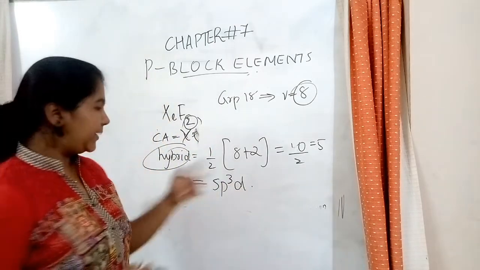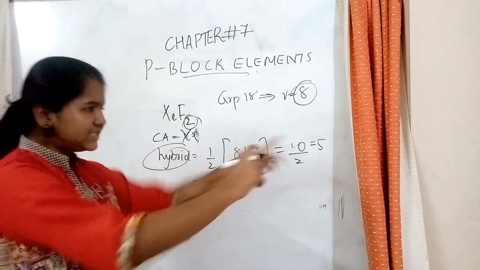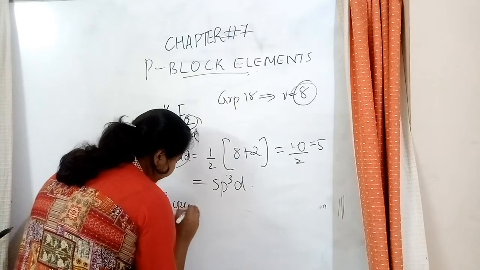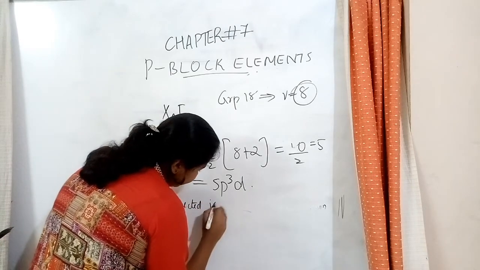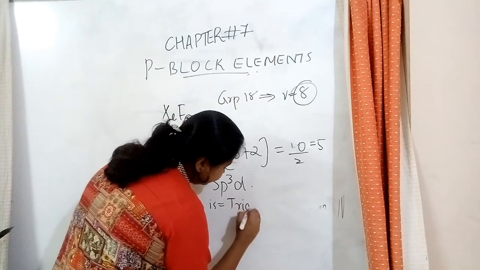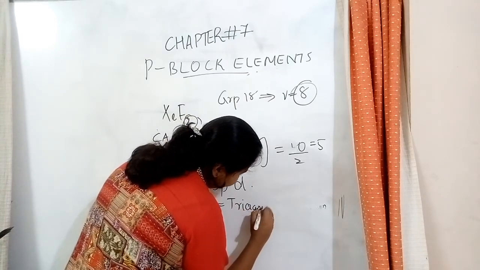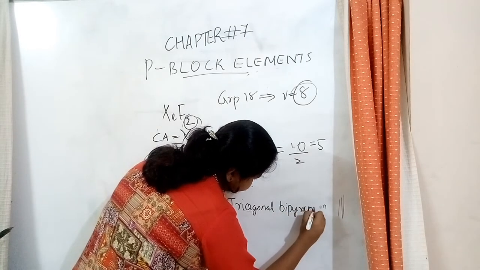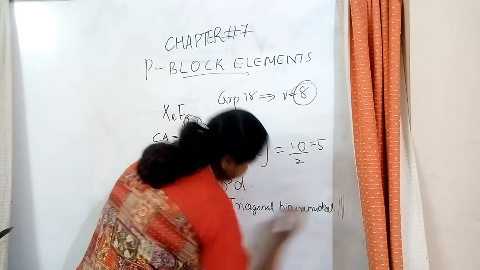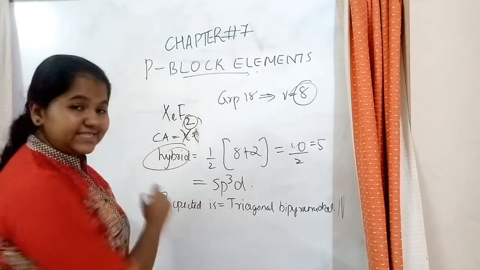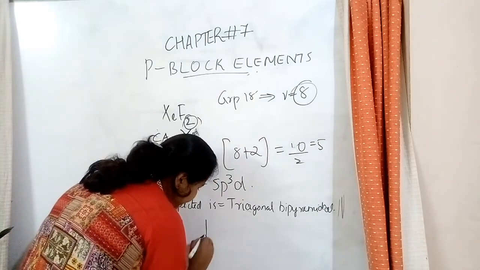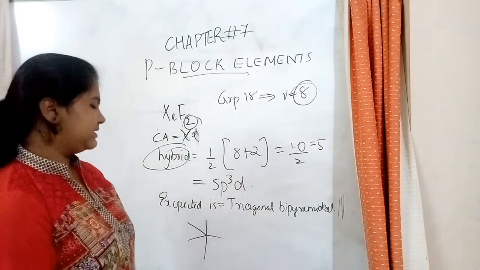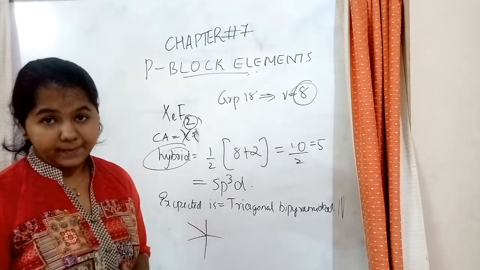So what would be the shape of this compound? There are 5 of them. So what is the shape? The expected shape is trigonal bipyramidal. Am I right? So let's see what's the structure. This 1, 2, 3. Is this the structure? Yes. But now we have to see the bond pairs and lone pairs.